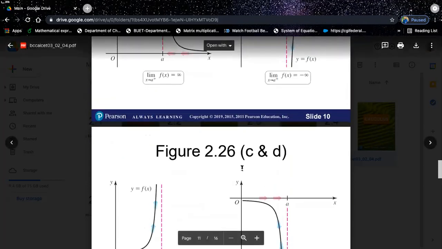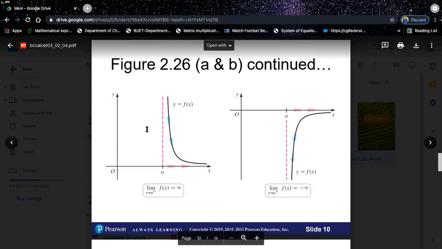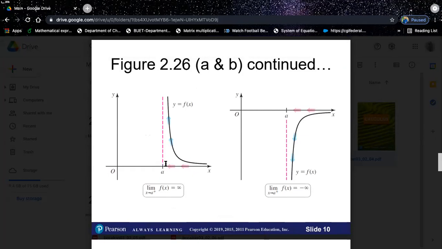Now let's quickly go back to the graphs we have. Here you go. As you can see, x is approaching a, and your function is approaching positive infinity. Since this dashed line has been drawn at x equals a, we say this dashed line is the vertical asymptote for this function.